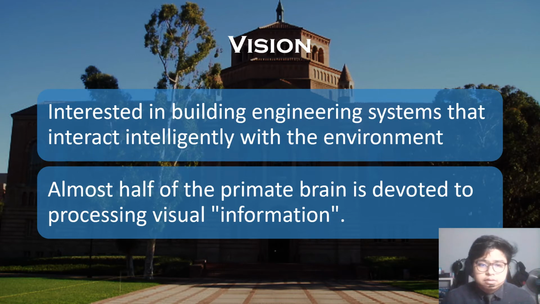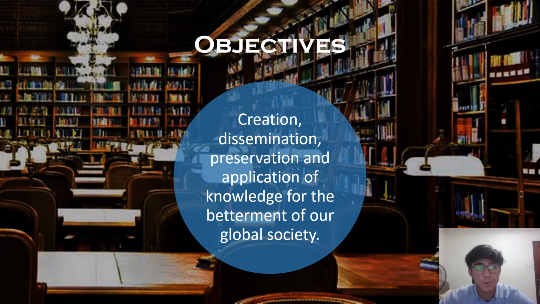Besides that, the brain is devoted to the processing of visual information. Okay, for the objectives, it is the creation, dissemination, preservation, and application of knowledge for the betterment of our global society, which is UCLA's purpose as a public research university.